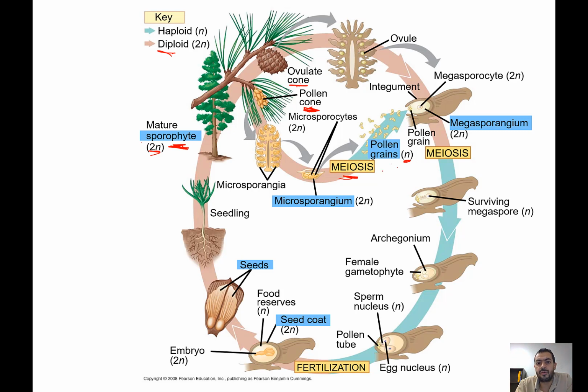They don't require water, and as you will see here, we will not find any drops of water needed for fertilization. And this is one major important thing to highlight in the gymnosperms, and that is, as we said, one of the contributing reasons for their ability to colonize new parts of the land.